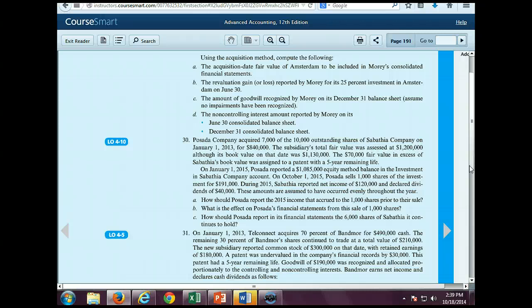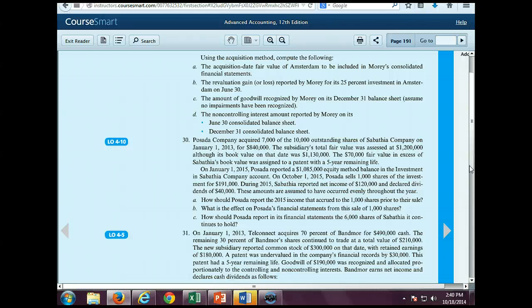During 2015, Sabetha reported net income of $120 and declared dividends of $40. These amounts are assumed to have occurred evenly throughout the year. How should Posada report the 2015 income that accrued to the 1,000 shares prior to their sale?